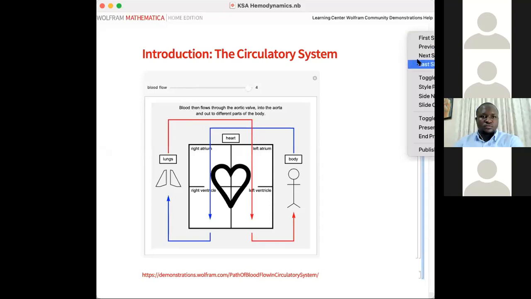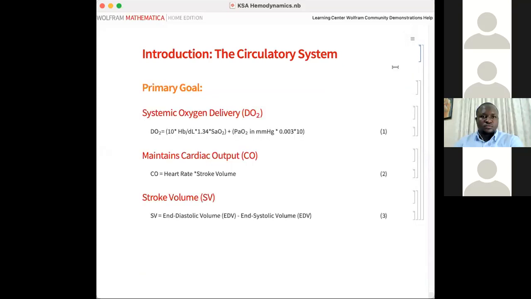So basically, the two organ systems actually work very closely. So what is the goal of the circulatory system? The goal of the circulatory system is actually systemic oxygen delivery. So systemic oxygen delivery is a function of your hemoglobin combining power, what is called the Hüfner's constant, and your saturation.